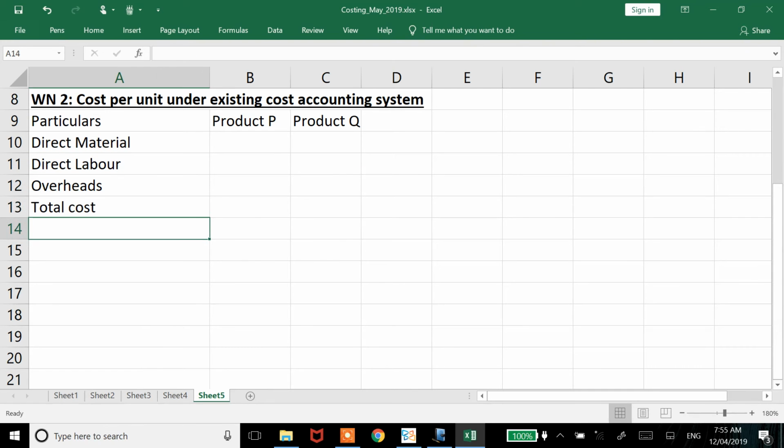Now listen, all this calculation either you do per unit and then finally multiply with the number of units, or sometimes you do it for overall and then divide by the number of units. Finally, I need two numbers, cost per unit and total cost.